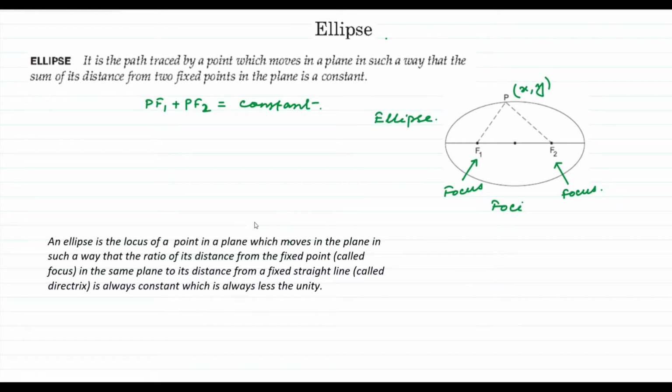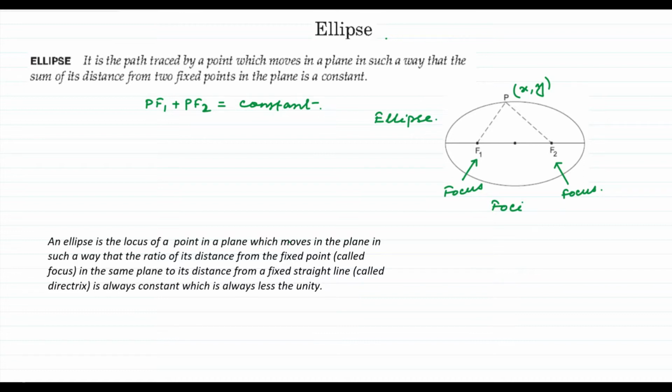We can define ellipse in another way. An ellipse is the locus of a point in a plane which moves in such a way that the ratio of its distance from a fixed point, which we know is called the focus, in the same plane to its distance from a fixed straight line called the directrix is always constant, and the result is always less than unity, that means less than 1.